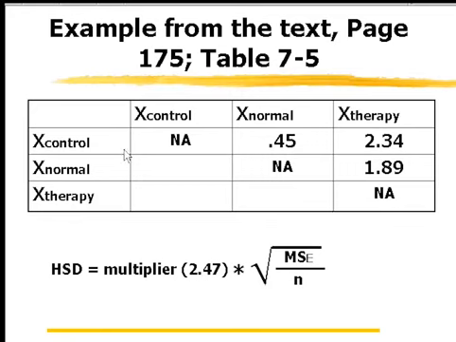Then they looked at the difference between the control and the group with the therapy, and the difference between the 15.89 and the 13.55 was 2.34. Then they compared the normal group with the therapy group, so the difference between the 15.89 and the 14.00 again was 1.89.